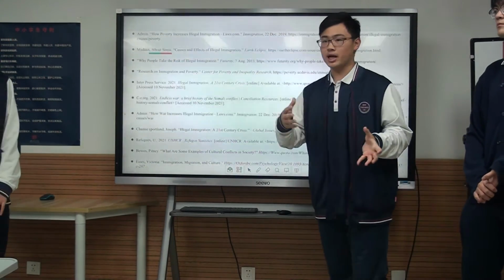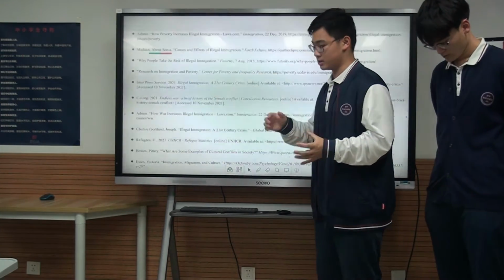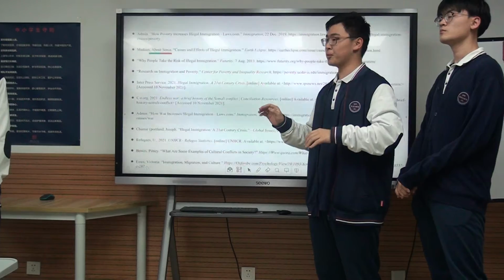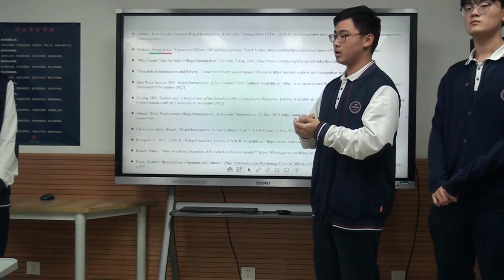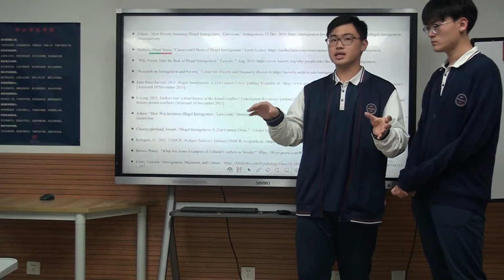When we were doing preliminary research, before we had decided on our solutions, we found online several big causes for illegal immigration, and one of them is war. We were trying to assess the reasons.